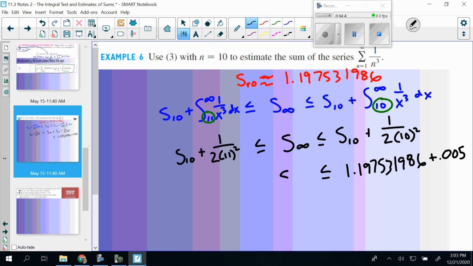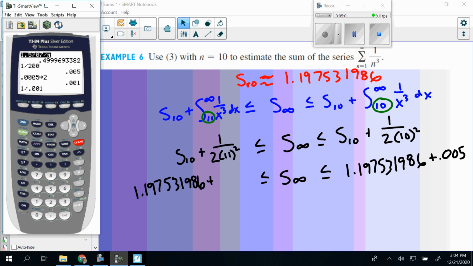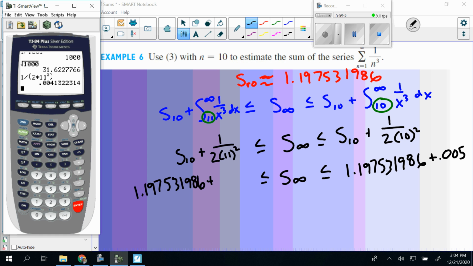On the other side here, we have that same S value of 1.19 plus, we haven't done this one yet, so I'm going to calculate it. That's going to give us 0.0043.